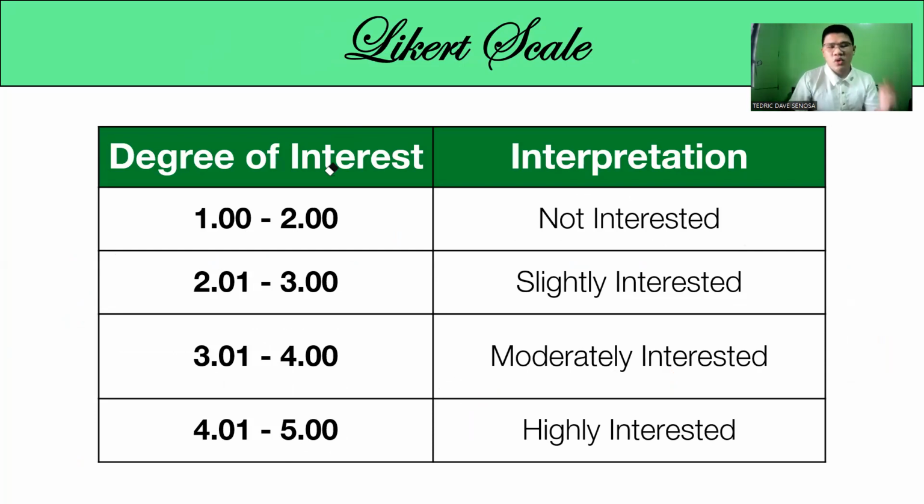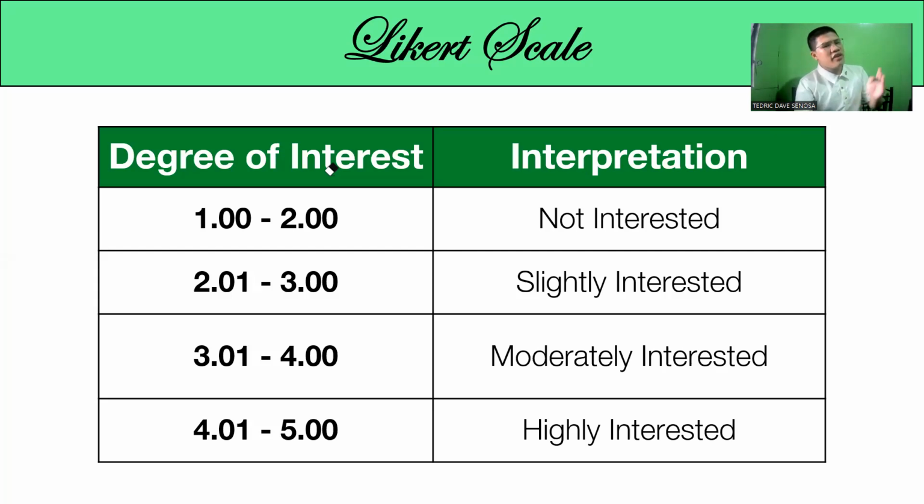If the mean score later would be 1.0 to 2.0, the interpretation would be not interested. For 2.01 to 3, slightly interested. For 3.01 to 4, moderately interested. And of course, for 4.01 to 5, highly interested.